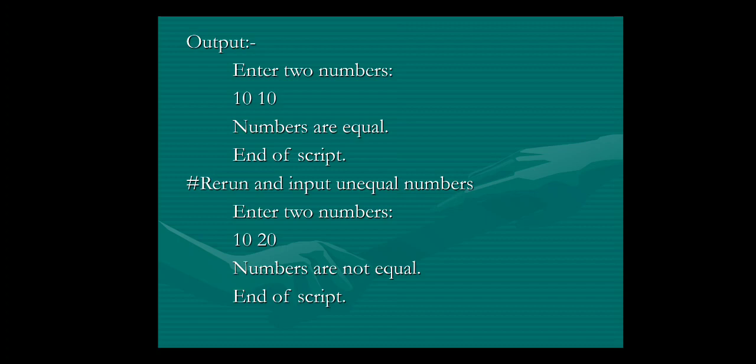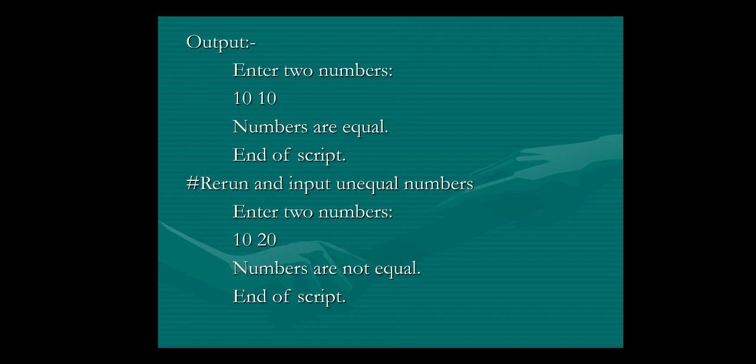If we run the program again and take two different numbers, 10 and 20, since they are unequal, the expression of the if statement becomes false, so the statement of the else block will be printed, which is numbers are not equal. You can also type and run this program on your desktop or laptop and check the output.